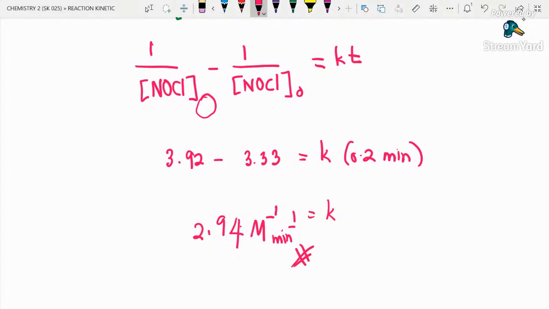Kenapa minute? Because the T in minute. The time in minute. Oh, okay. Macam saya dapat 2.941 saya dapat. Tak tahulah.